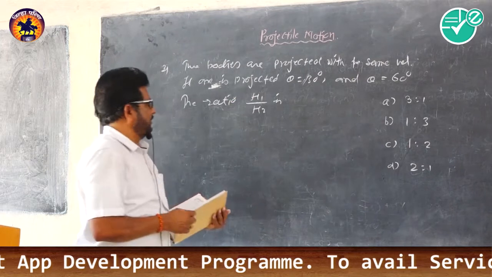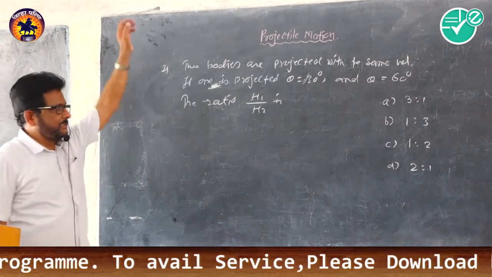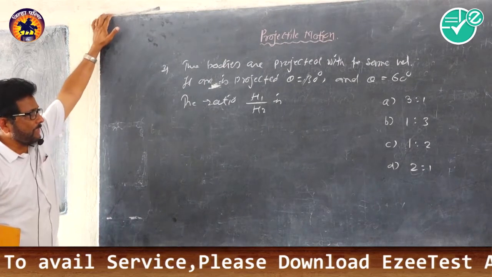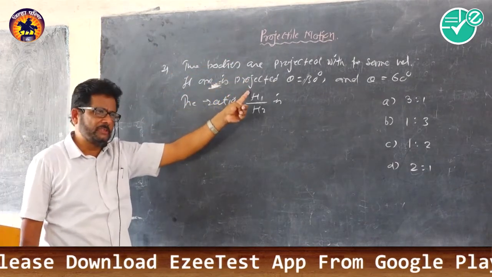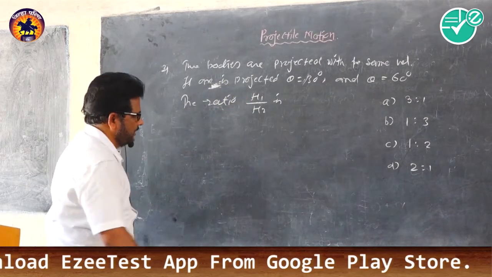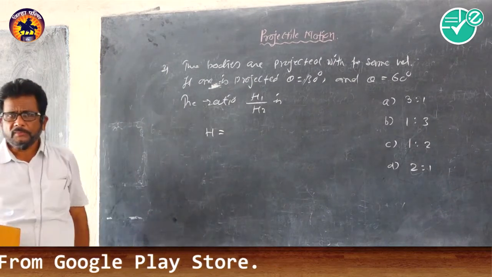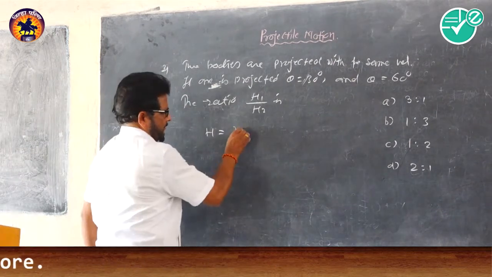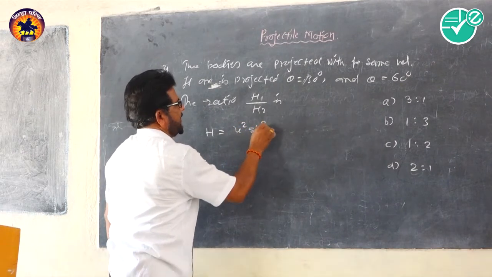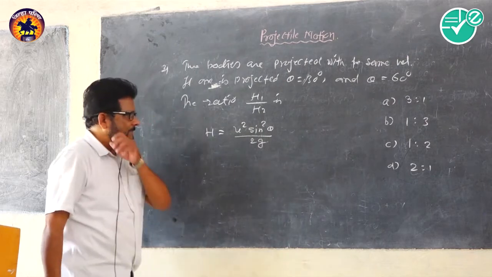Here we have to find the ratio of their heights, and therefore we have to use the equation for height. For projectile motion, the equation of height is h equal to u square sin square theta upon 2g.